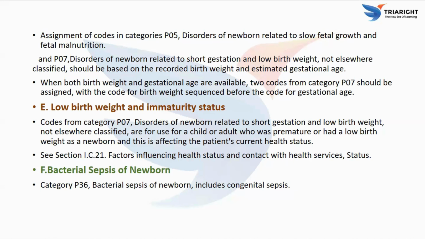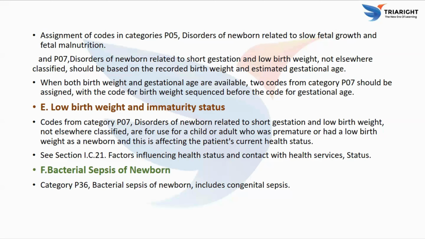So if both birth weight and gestational age are documented, how would you assign the codes? Assign two codes from P07. One code for birth weight and the other code for gestational age. So what is the important rule? You have to code for birth weight first, then followed by the gestational age code.